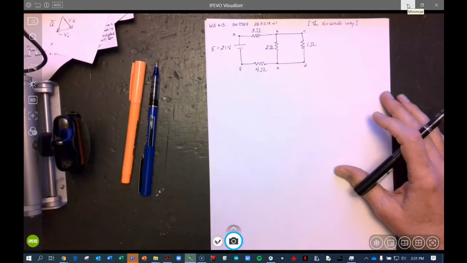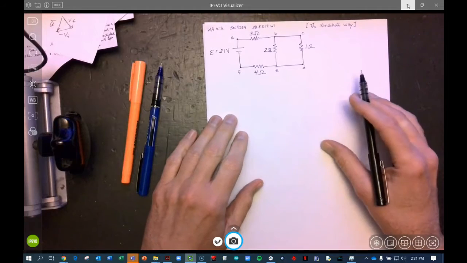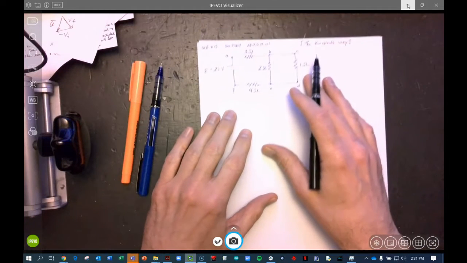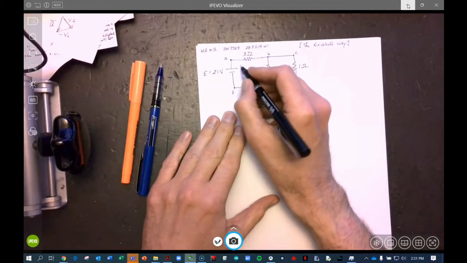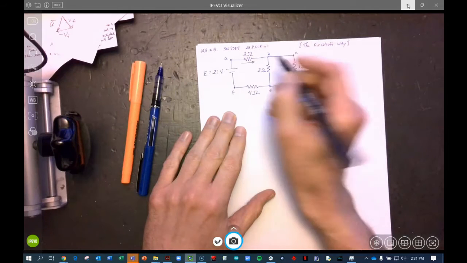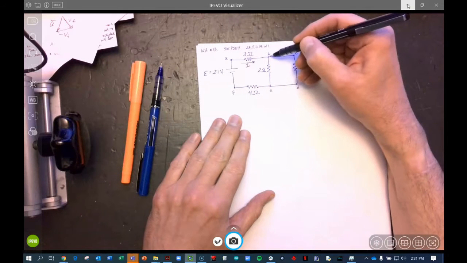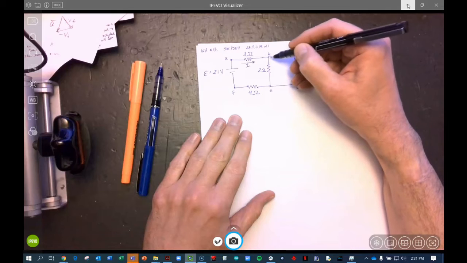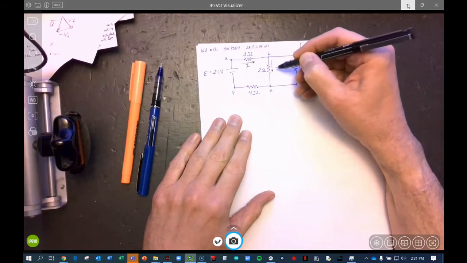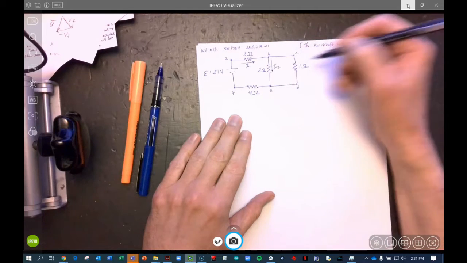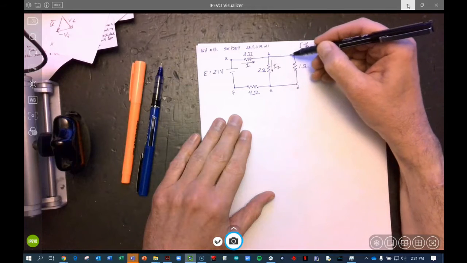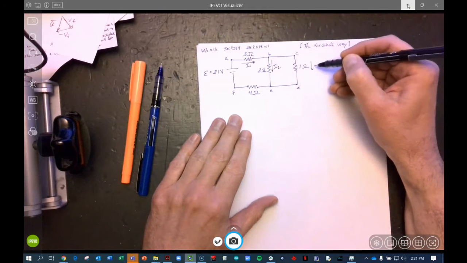So with Kirchhoff, what we're going to do is make some guesses about which way the current goes, and I'm going to assume that the current is this way, and I'm going to call that I1. And then when we get to a junction here, I'm going to assume that the current branches off, and I2 will go down like so, and I3 will go down like so.